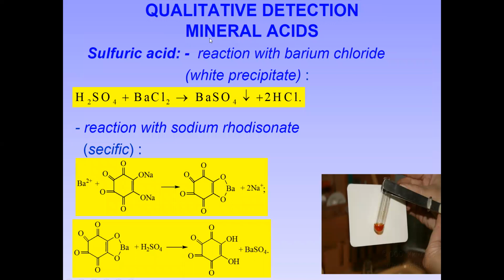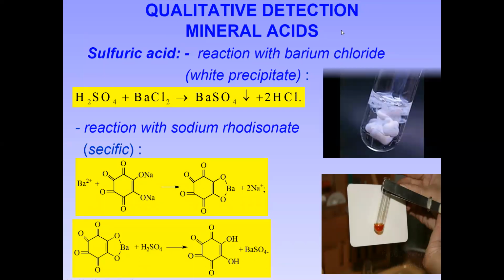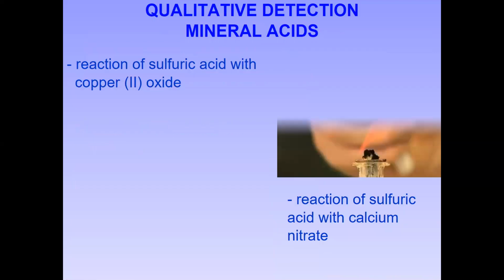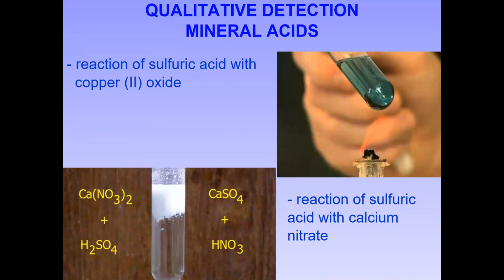Qualitative detection of mineral acids. For sulfuric acid, you can use reaction with barium chloride, white precipitate, and reaction with sodium rhodizonate, its specific reaction, reaction of sulfuric acid with copper oxide, and reaction of sulfuric acid with calcium nitrate.